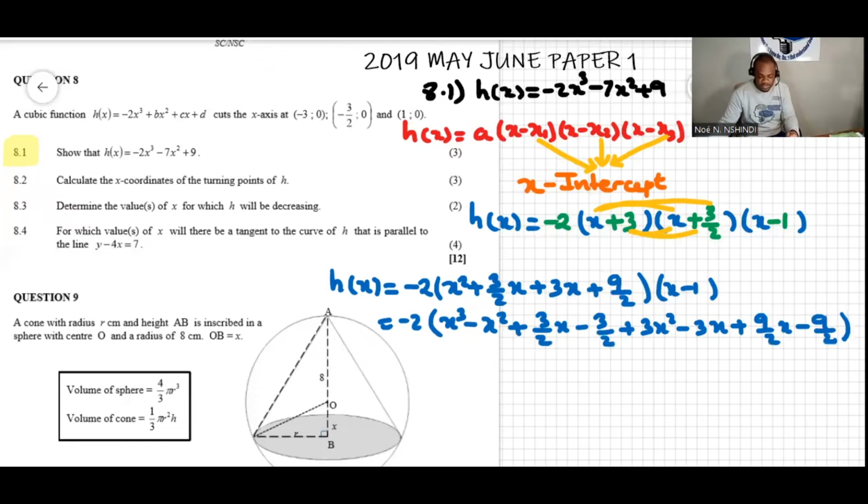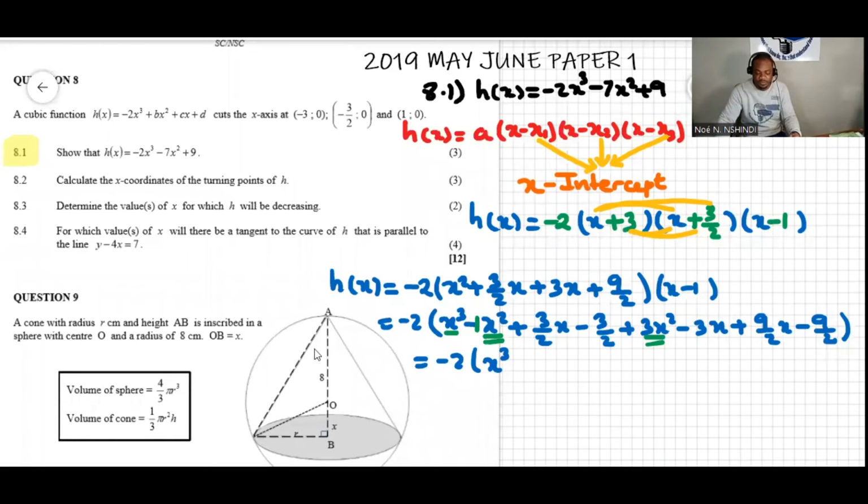Now let's see if we can simplify the terms here. The terms that end with x cubed, we only have 1 here, so I can just write x cubed. And then the terms that end with x squared, we have 1 here, and then another there. Oops, here I missed it.